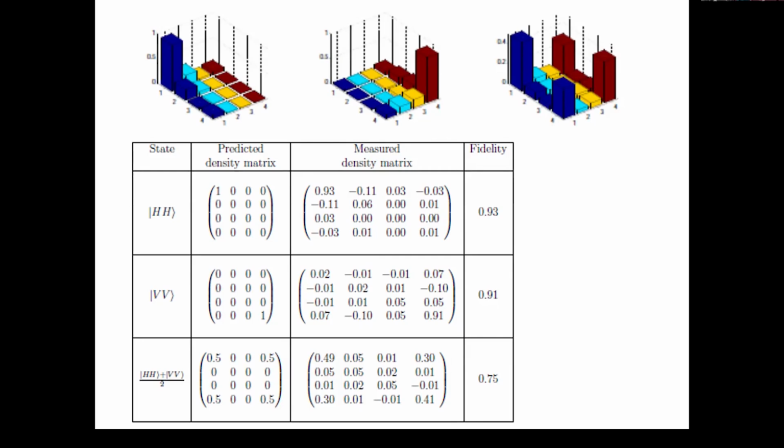This is our entangled state, in which the corner terms light up and everything else remains the same. By the way, this is a complex density matrix, so you need to plot the real and imaginary parts separately. So it's possible to do quantum state tomography with single photons. This is the fidelity of the result, how well your measured density matrix matches the prediction.